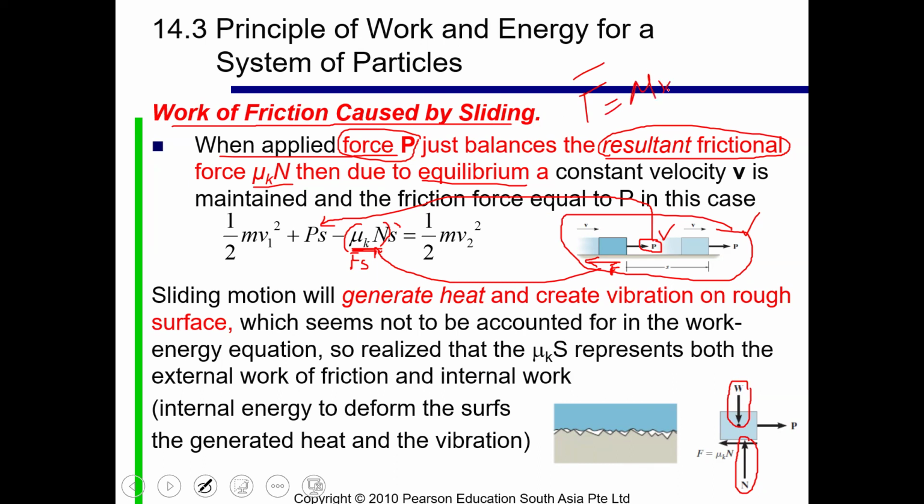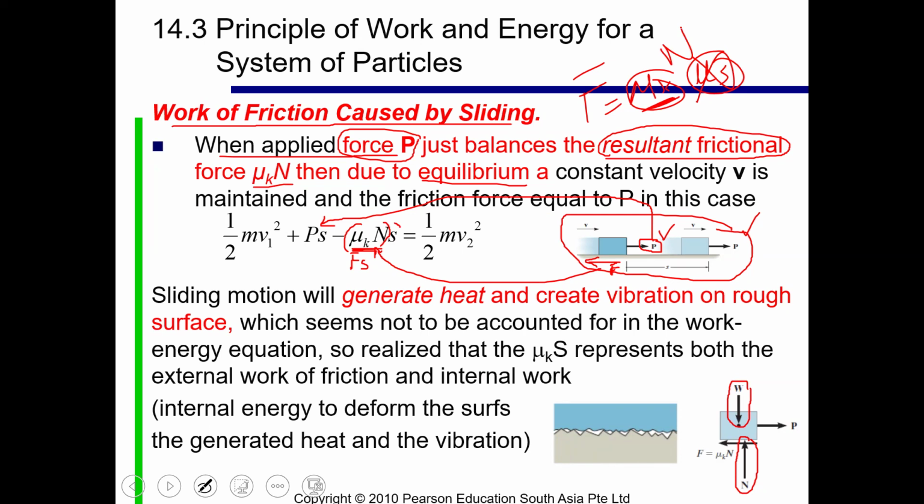Mu K is the coefficient of kinetic friction, because we are dealing with movement. Similarly, we have mu S, but that's for static friction. Remember that you pick only the kinetic one when you are dealing with sliding.